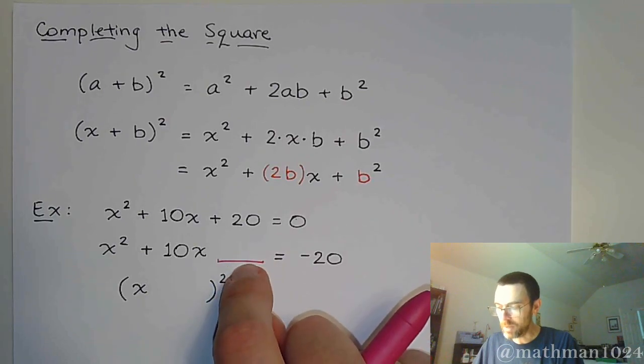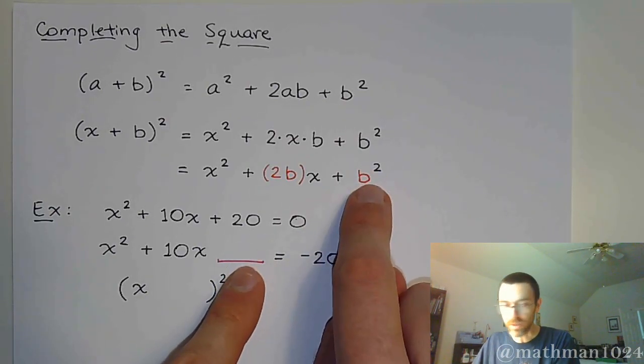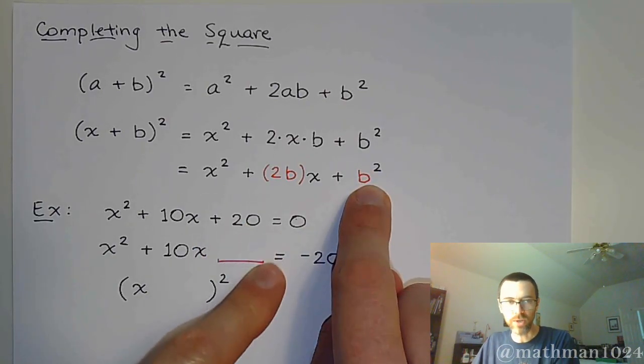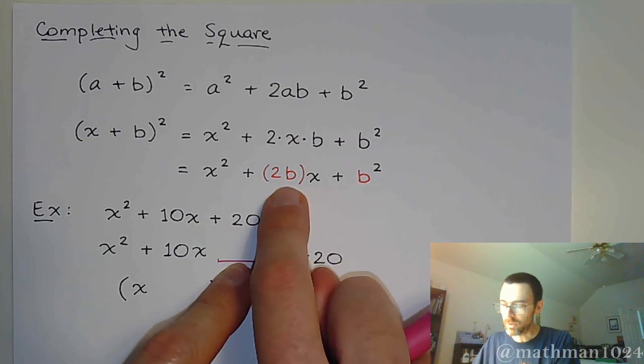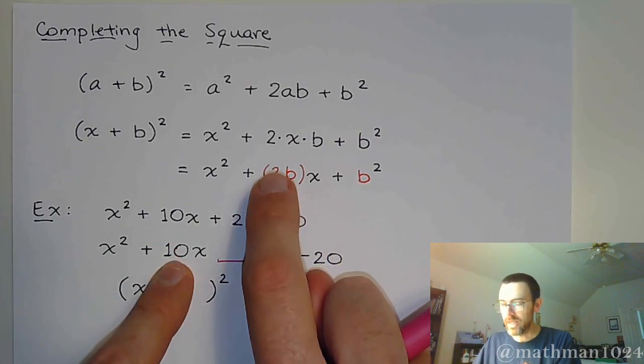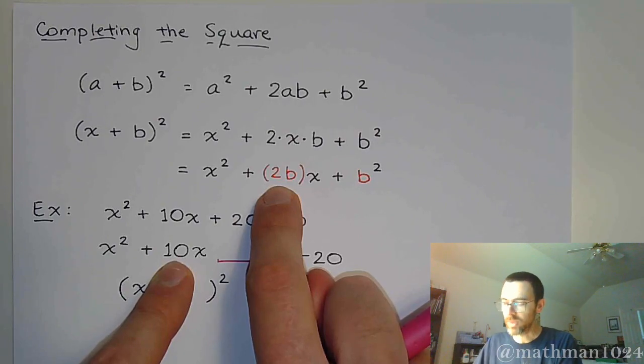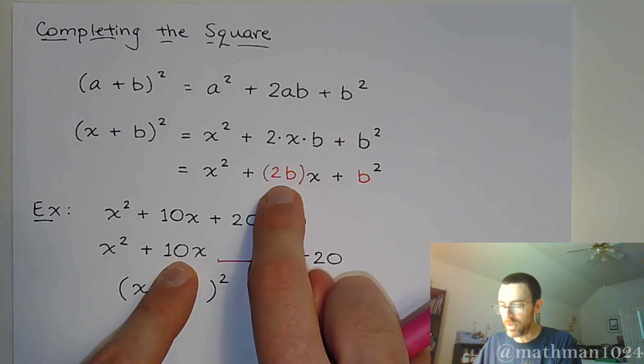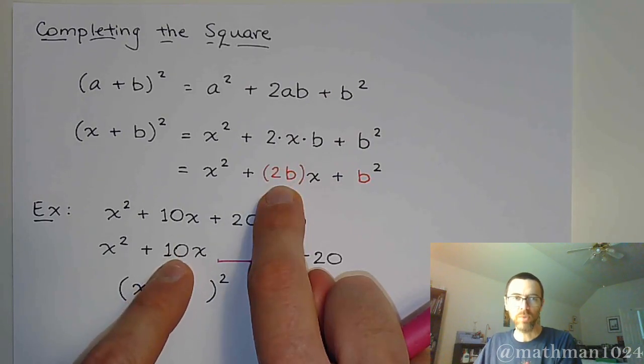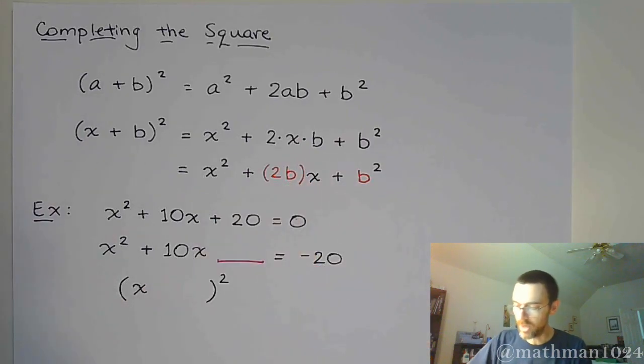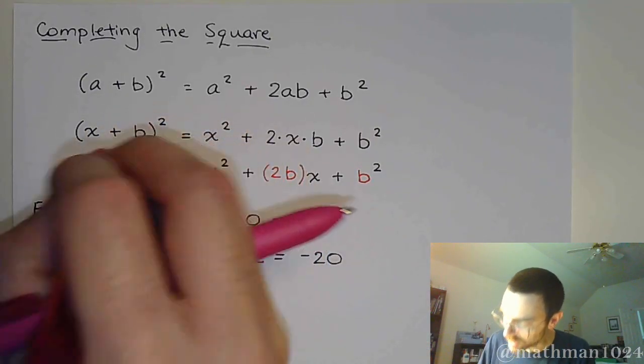So we're looking for a b so that I can do b squared and fill in the blank right over here. Well, look at this middle term right here. The 10 is supposed to match up with the 2b. And if these guys match up, that means that 2b equals 10, so b itself is going to be 5. And this b right here is the b that was inside the factored form.